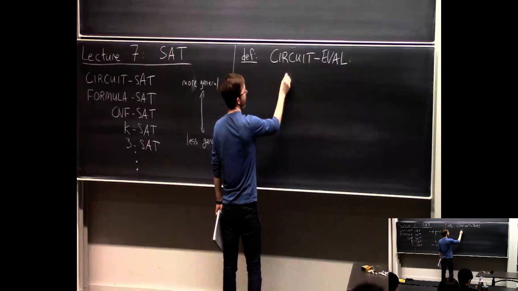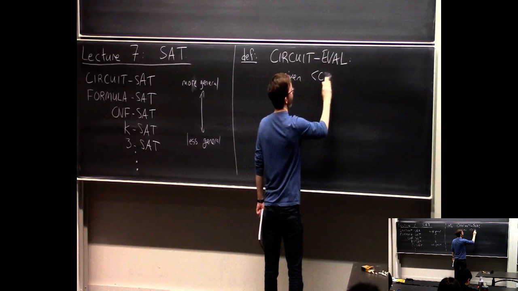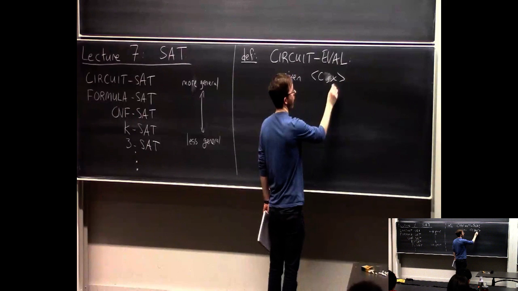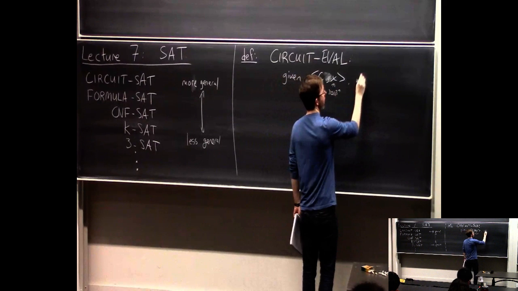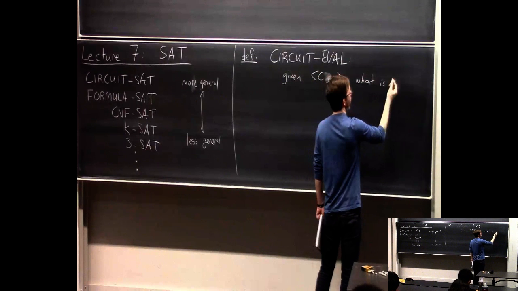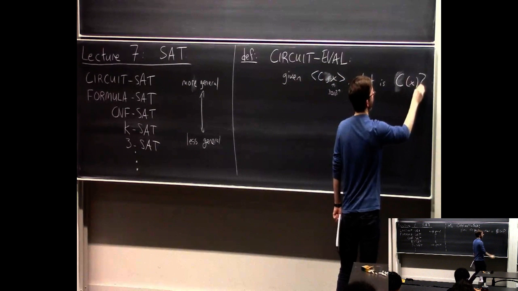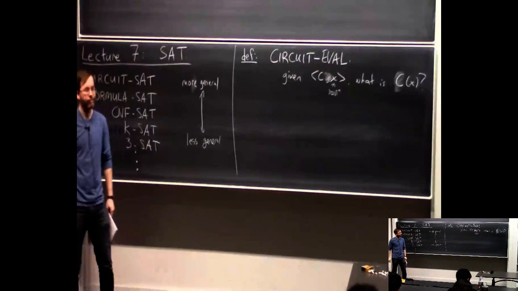Here's the algorithmic task: you're given the representation of a circuit and also an input x in {0,1}^n, where the circuit has n inputs. Output C of x. That's the whole task. I give you a circuit and an input and ask what it outputs.